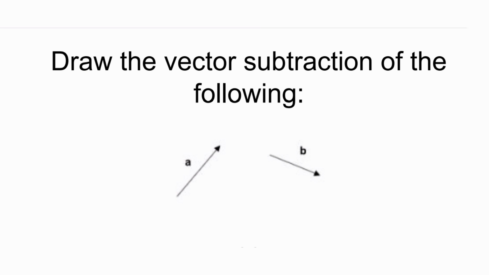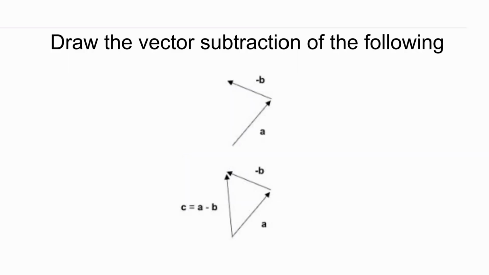Next: draw the vector subtraction of the following. Now here we need to subtract. Yes, it means A minus B, or minus B plus A. Both are being subtracted to give the resultant, where A is not at all at the north but is upward in direction, while B is towards the right and downwards like that. Okay, how will I calculate it?